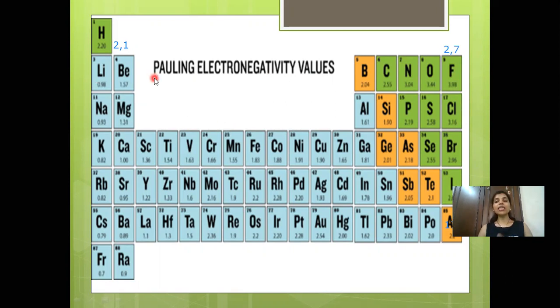So if they are in the combined state, in the compound, you will see lithium and fluorine. If they become lithium fluoride, the electron cloud in that case is not going to matter. The reason is lithium is going to donate the electron, so permanently fluorine will have it. So here also you will see that the electronegativity is more with respect to fluorine.